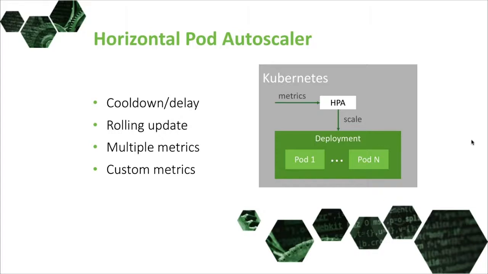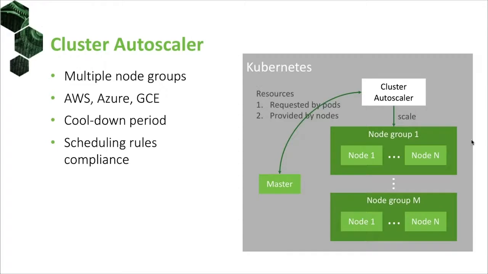The second part of the equation here is actually scaling infrastructure, because you can scale containers as much as you want, but if there are not enough infrastructure resources to run them, they'll just stay unscheduled. So the Kubernetes cluster autoscaler is a component which watches how many resources are required for your containers running inside Kubernetes, and if resources are not enough, it starts adding new hardware to your cluster.